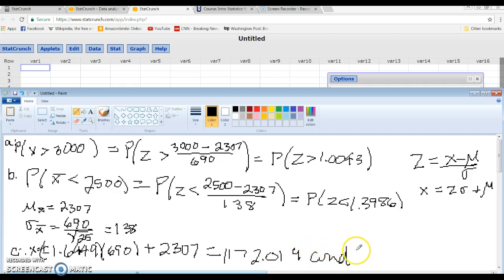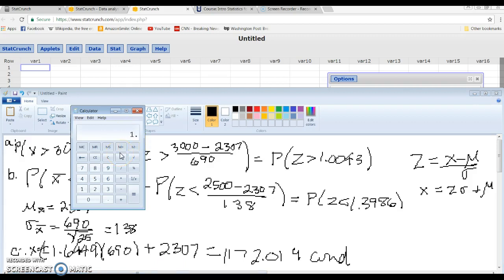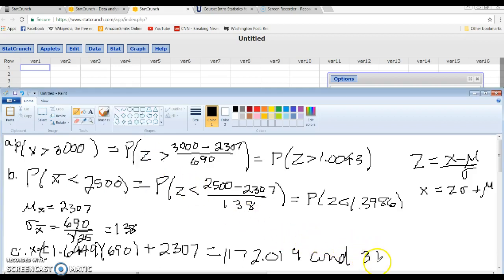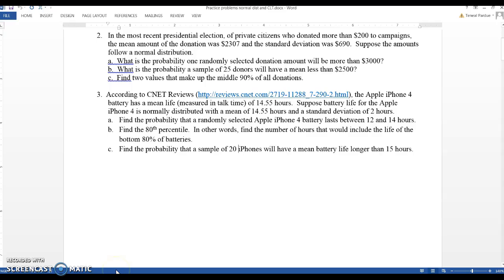The other one is going to be the same thing except with the positive: 1.6449 times 690 plus 2307. And so the other answer is 3441.981. All right, so that is question 2, parts A, B, and C.